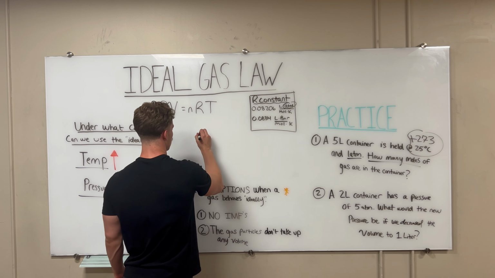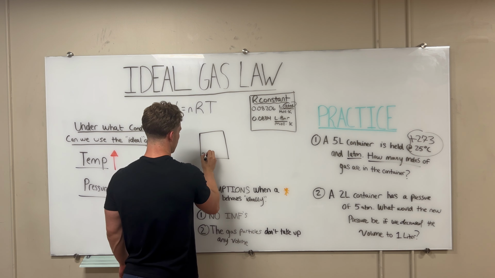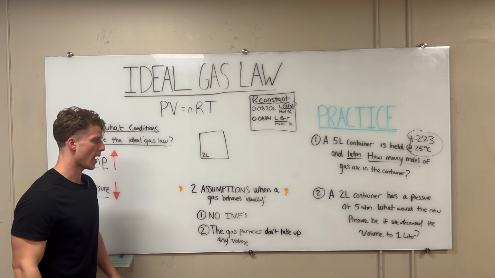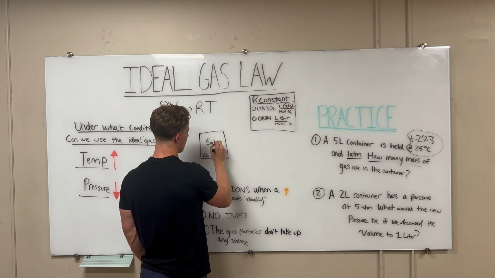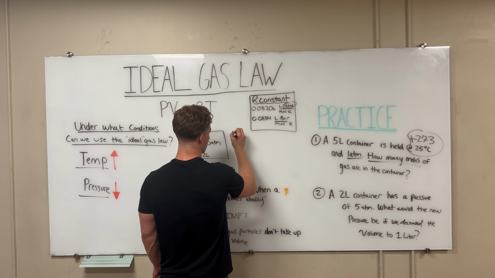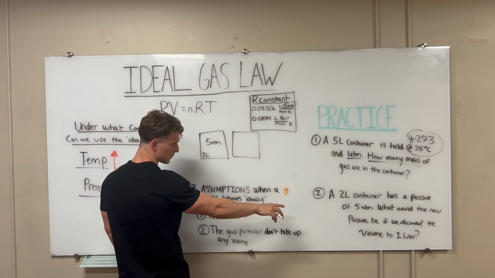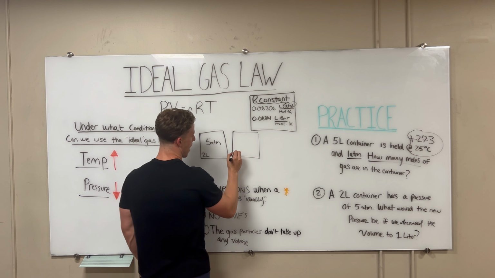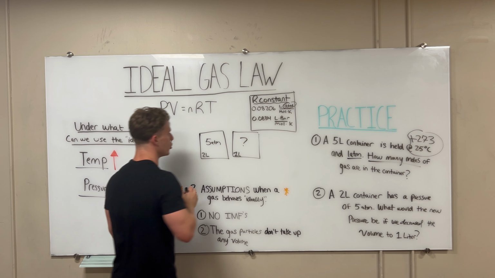So we have this 2-liter container, and the pressure in here is 5 atmospheres. Now we have this other situation where we have a new volume of 1 liter, and we're trying to figure out the new pressure.